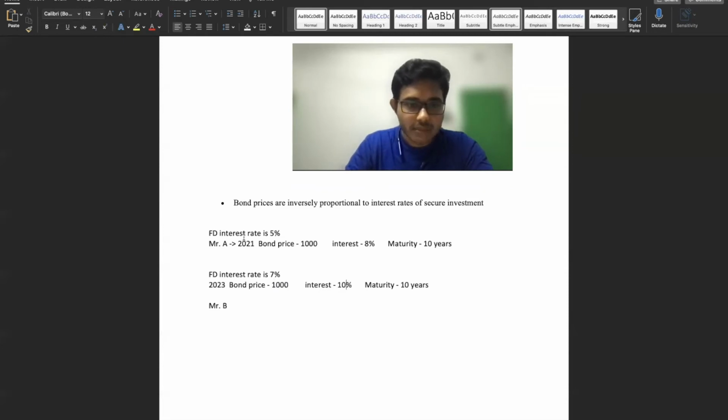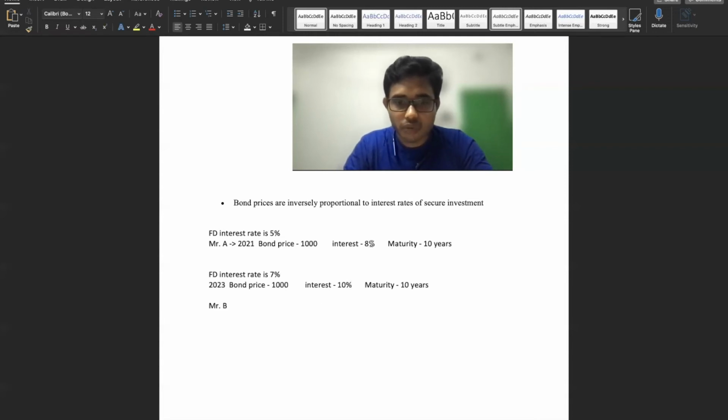Now, Mr. A wants to sell his bond, because a bond can be traded in the share market, right? But his bond is giving interest at 8%. Why would someone buy his bond, because now new bonds are giving 10%?